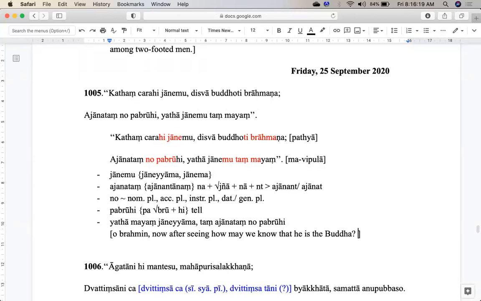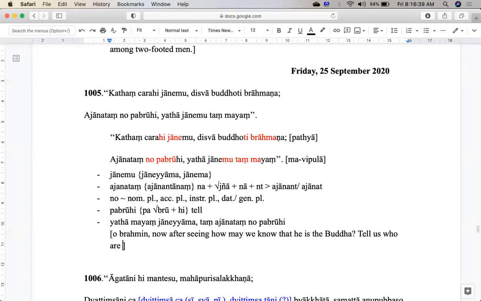So that is the first part. And the second part: Babruhi, tell us, who are not knowing.